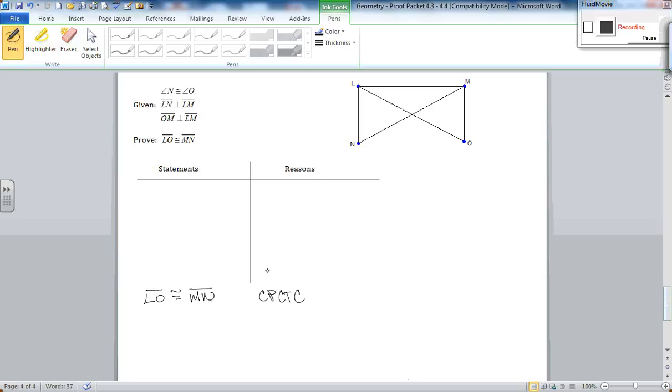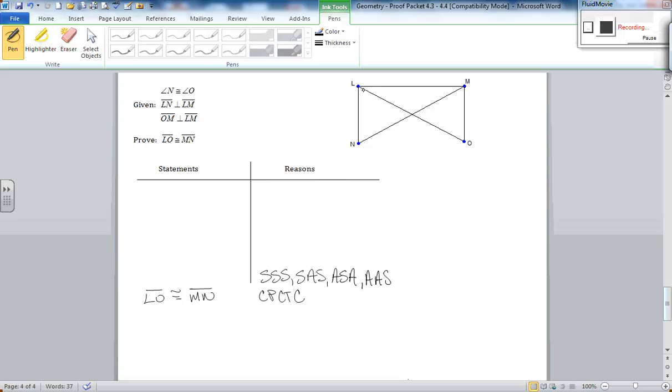So our possible reasons here for the triangle congruency are going to be side, side, side, side, angle, side, angle, side, angle, or angle, angle, side. Now, from this statement here, we should be able to determine which triangles we have to prove congruent.